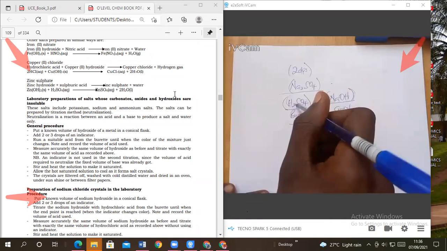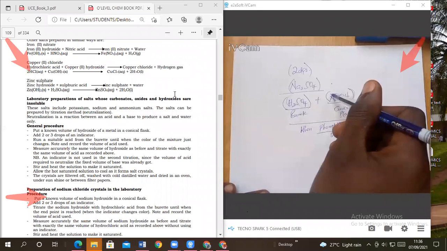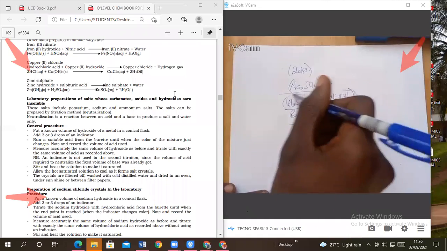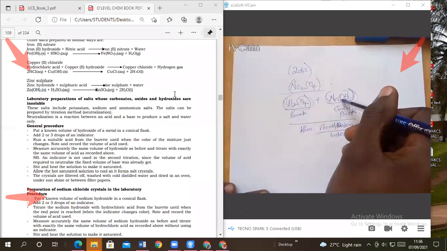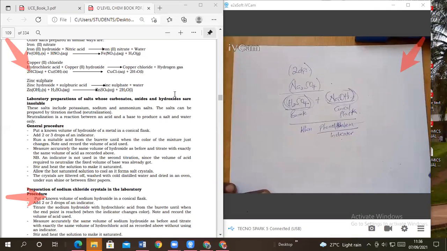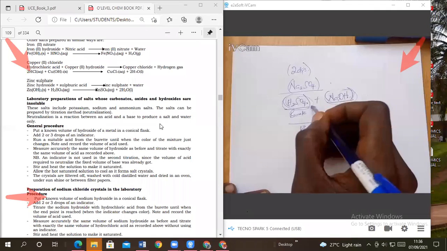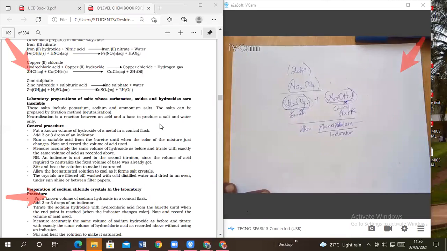Now, when the two react, when you add acid to this, it will turn from pink to colorless. When you add this to this, it will turn from colorless to pink. So that is the only difference when you add the two. So here, this can be your analyte. You are trying to form this. Well, those are the two analytes you use. Is it clear?